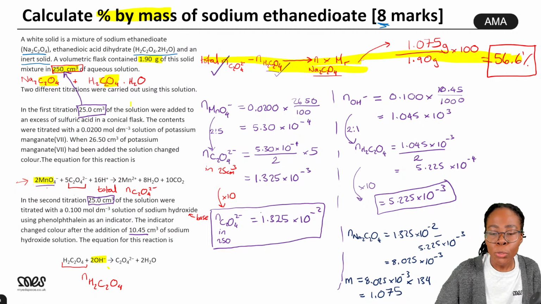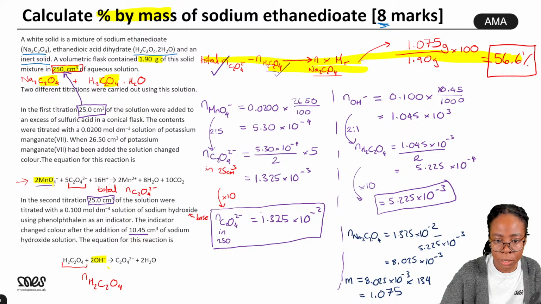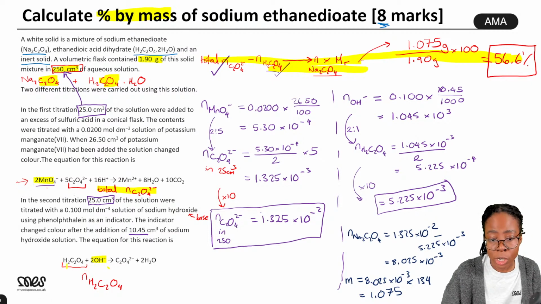Through our two titrations, we had to identify what those two different titrations were telling us. The first titration told us the total number of moles of ethanedioate ions, which are in both of our species. And the second titration told us just the number of moles of the acid.